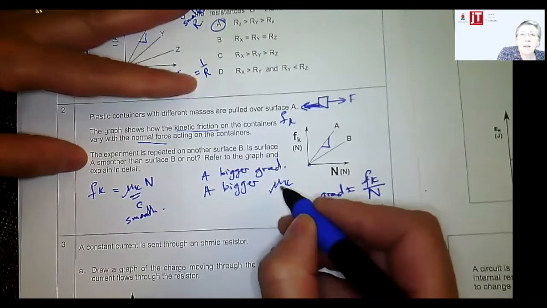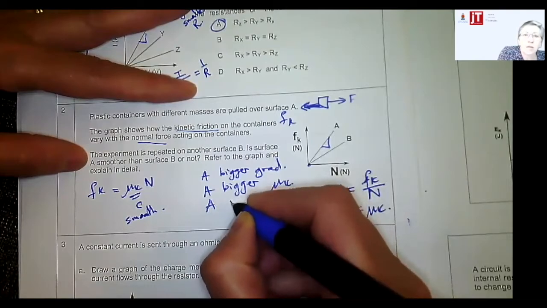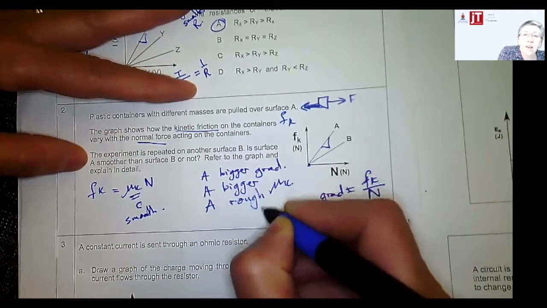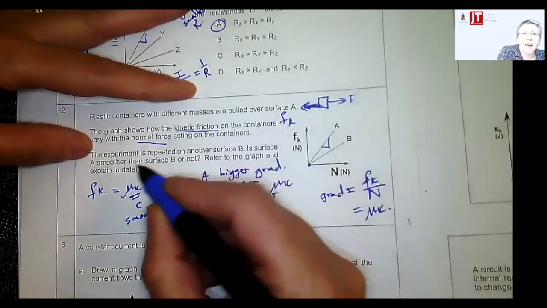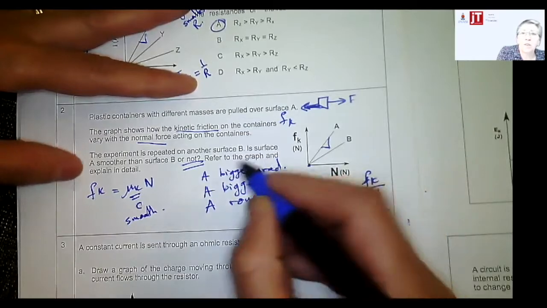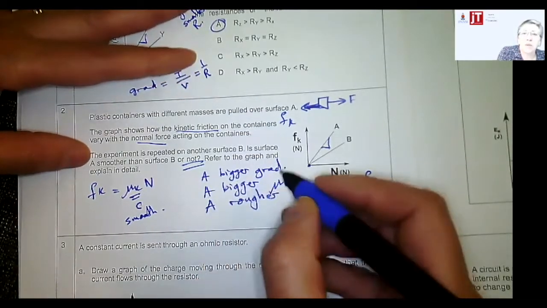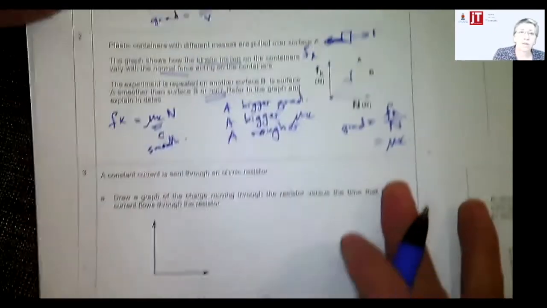And if it's got a bigger coefficient, it means A is rougher, more rough. So is A smoother or not? Not. And referring to the graph, you will say it's got a bigger gradient, therefore it's got a bigger coefficient of friction, and therefore it's a rougher surface.